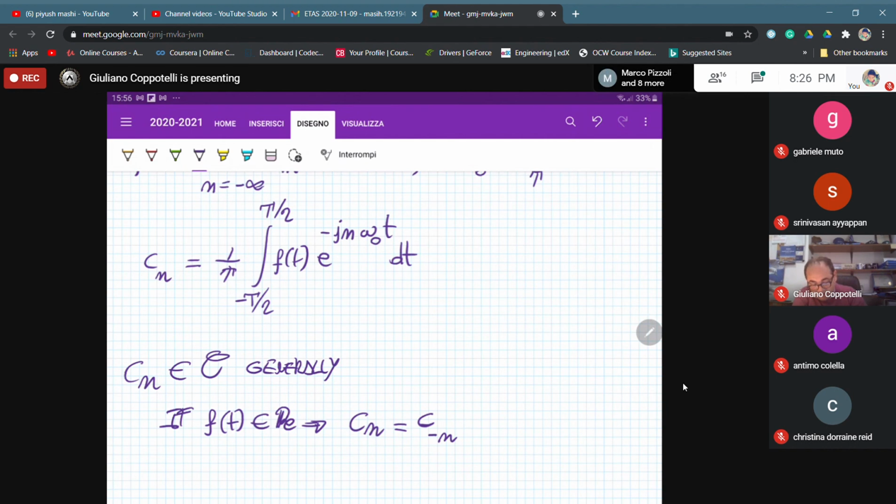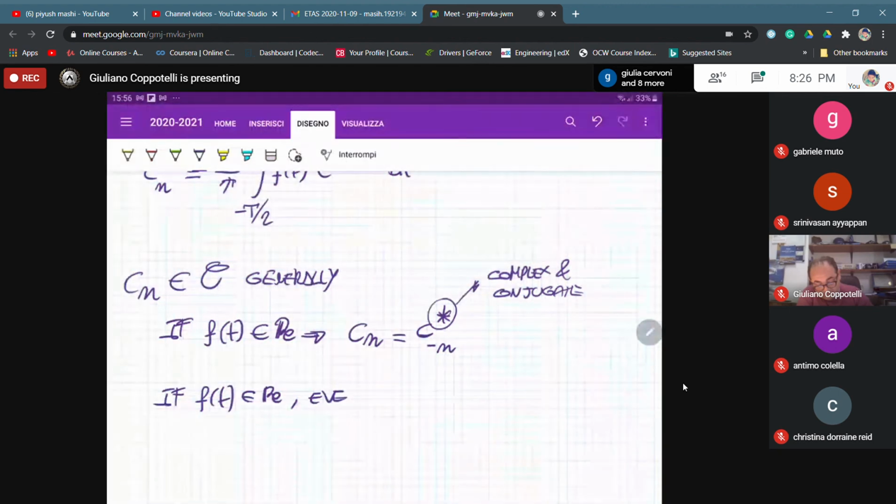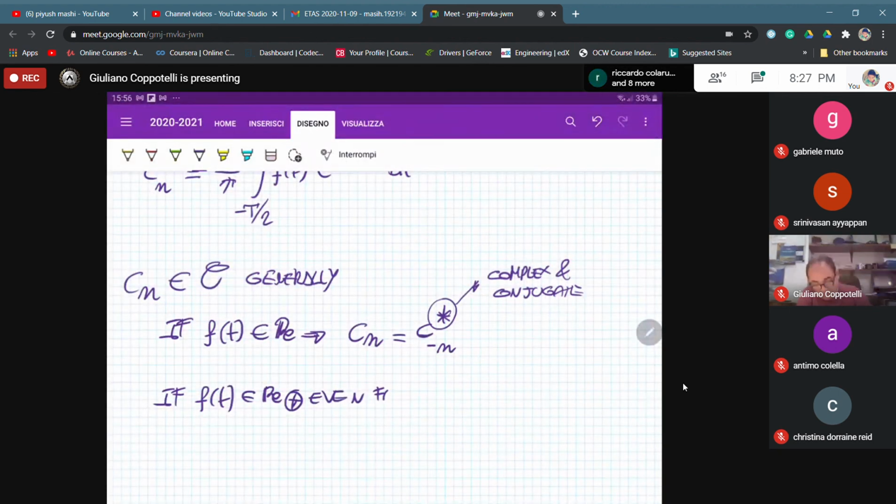Here, these stars mean complex conjugate. Moreover, if the function is not only real, but also an even function, then your coefficients are all real.